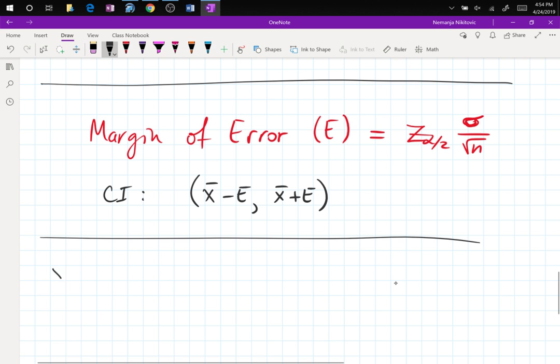887. And here are the specs for these lizards. We are going to take a look at a 90% confidence interval. So that's the question.